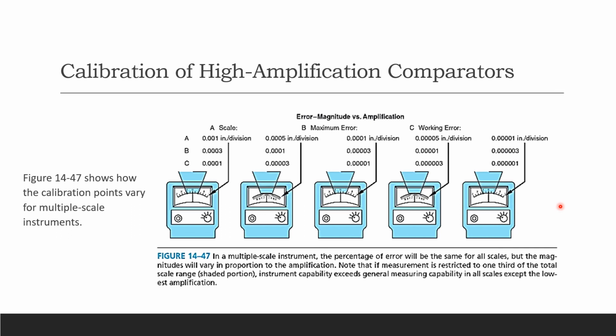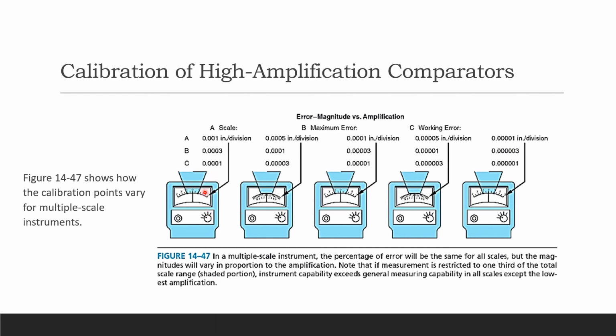And you have to know that if measurement is restricted, okay, to 1/3 of the total scale range, that's the shaded portion right there in the instrument. So the capability of these instruments exceeds the general measuring capability in all scales except the lowest amplification.